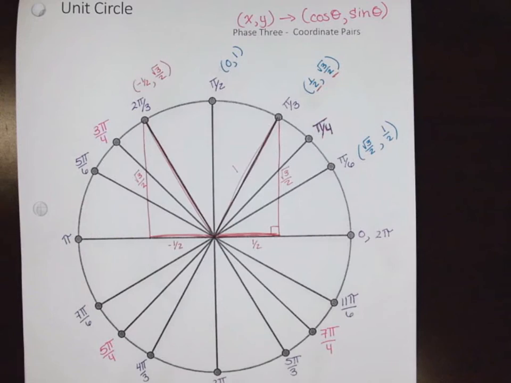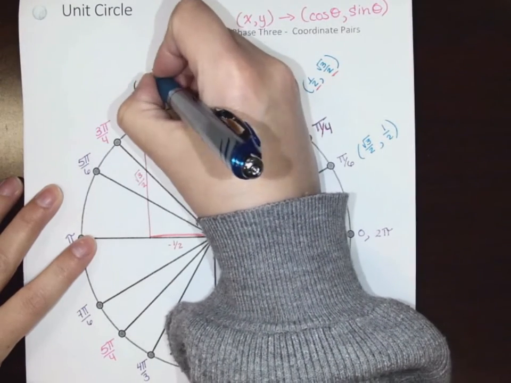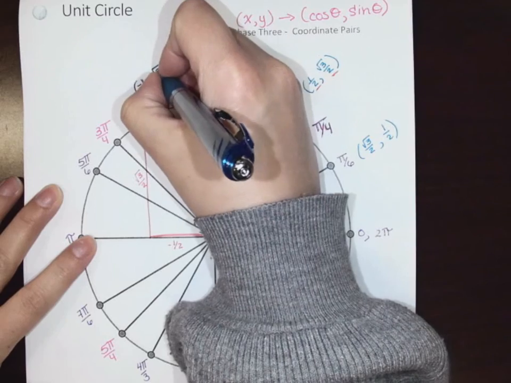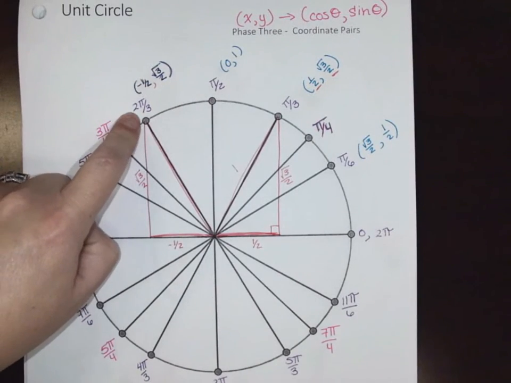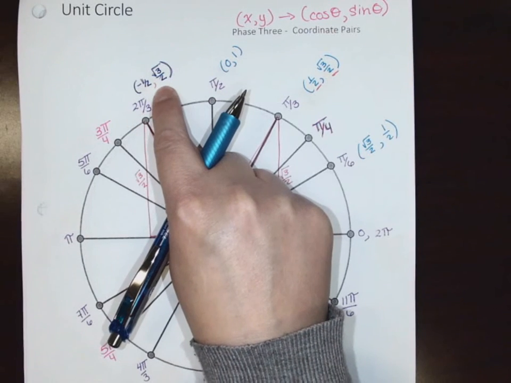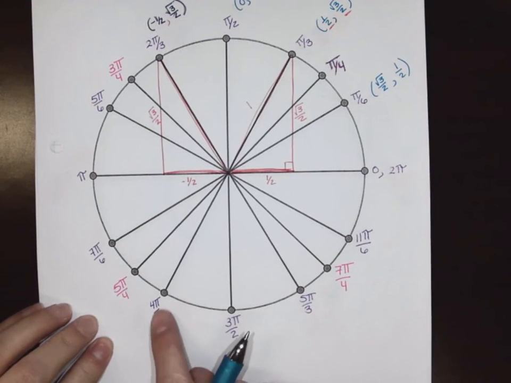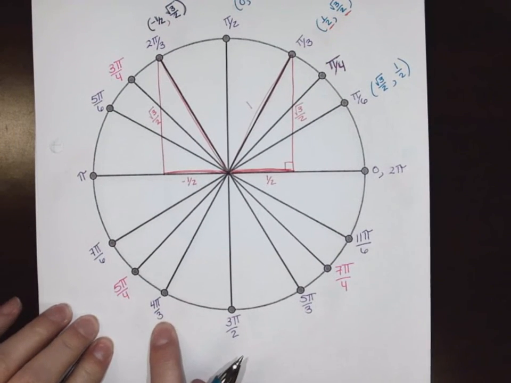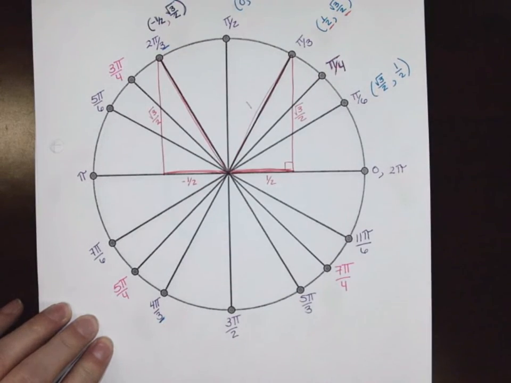So what you're going to find is that all the angles with denominators of 3 are going to have this coordinate pair, but the sign will change based on where you are on the quadrants. So if we go back down to 4 pi over 3, because this has a denominator of 3, this one has a denominator of 3.